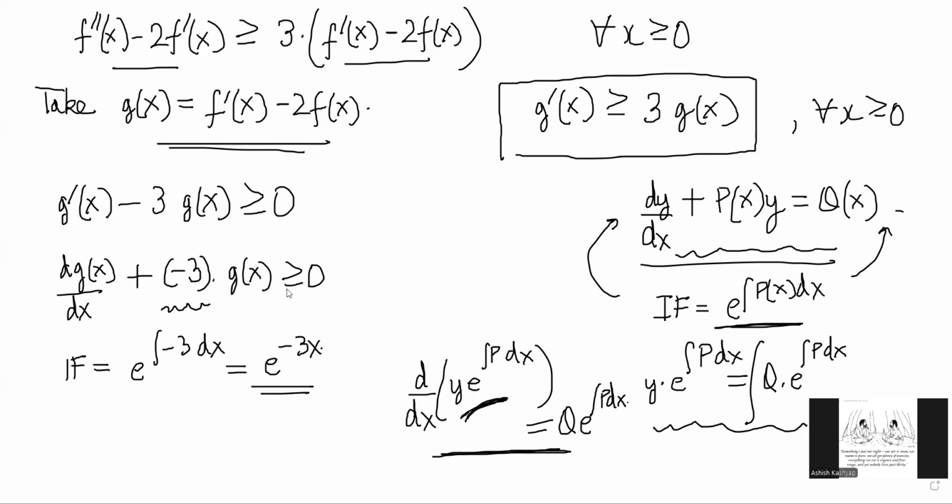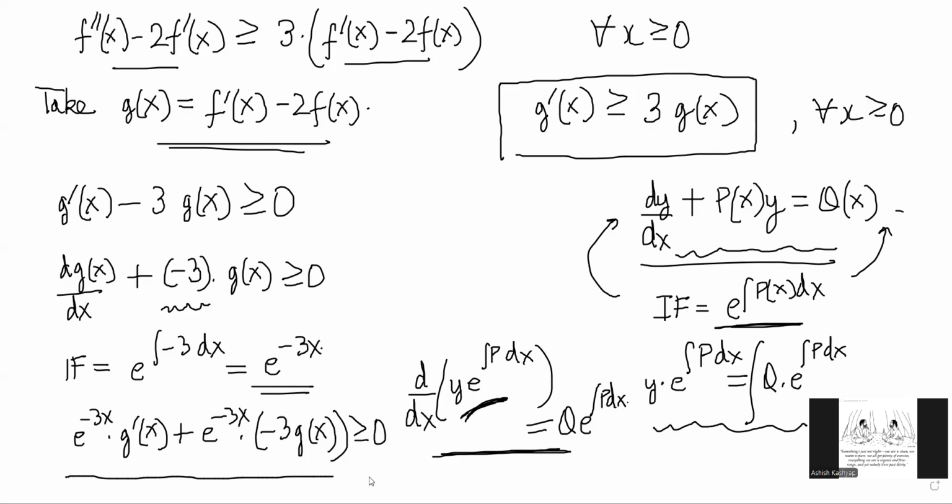If I multiply both sides by this e power minus 3x, I will get e power minus 3x g dash x plus e power minus 3x into minus 3 g x greater than or equal to 0. You should realize by the same method that the entire left hand side is the derivative of g of x times the integrating factor. So d by dx of g of x times e power minus 3x is greater than or equal to 0.